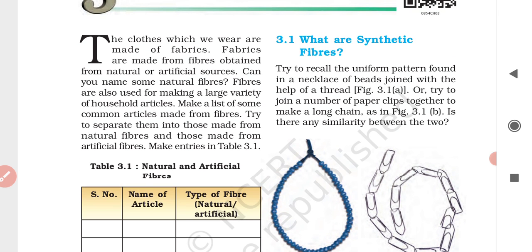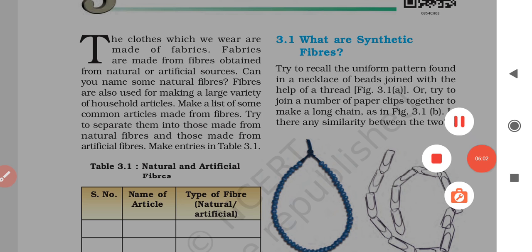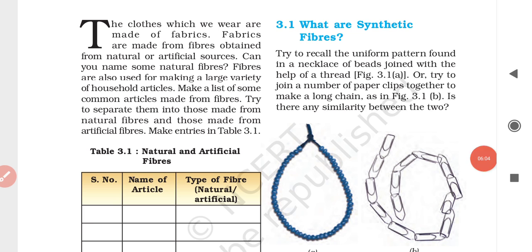What are synthetic fibers? Again I am repeating that synthetic fibers are made by human beings, for example rayon, nylon, polyester and acrylic. Synthetic fibers can be defined as the man-made fibers produced from chemical substances.